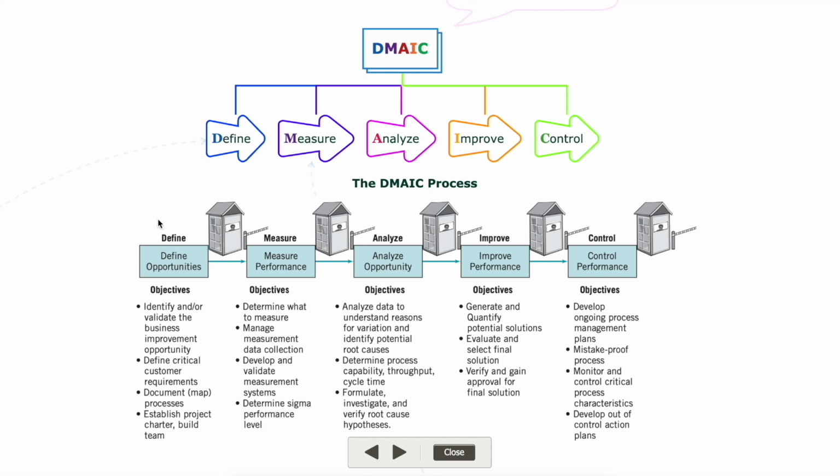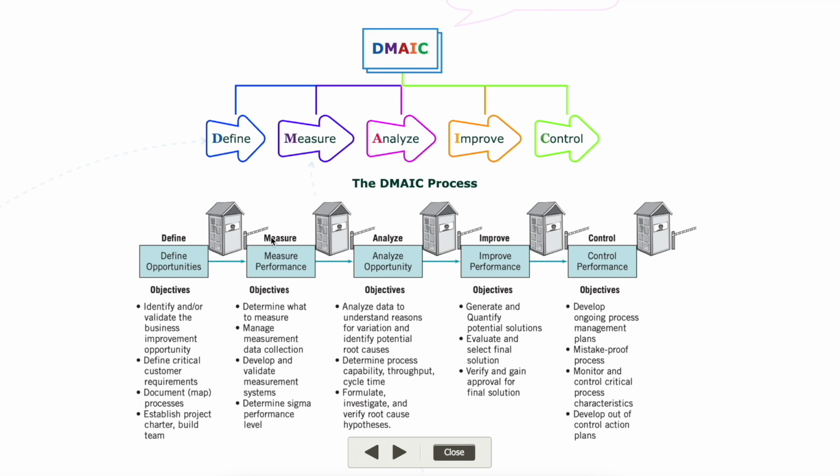For example, in the first step, which is define, the objectives are to identify and/or validate the business improvement opportunity, define critical customer requirements, document and map processes, establish the project charter, and build a team. When you complete this, you will arrive at a toll gate, and the project manager will see if all these objectives have been achieved or not.